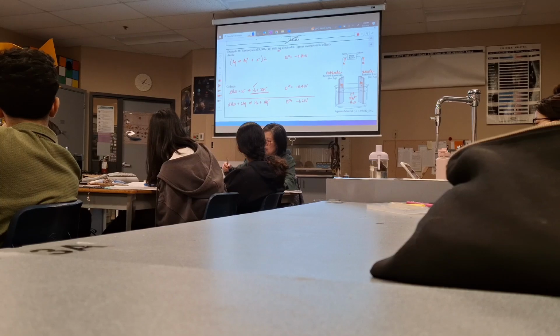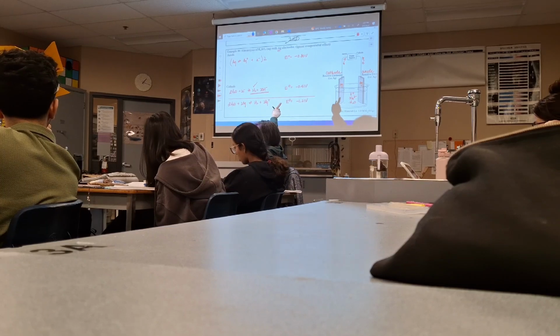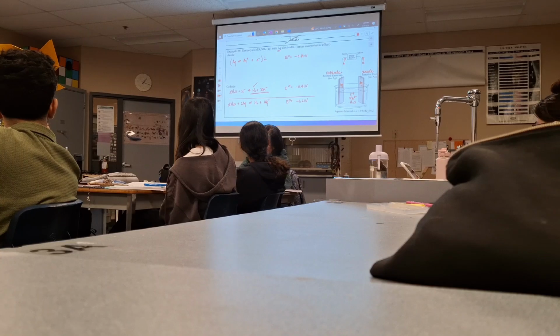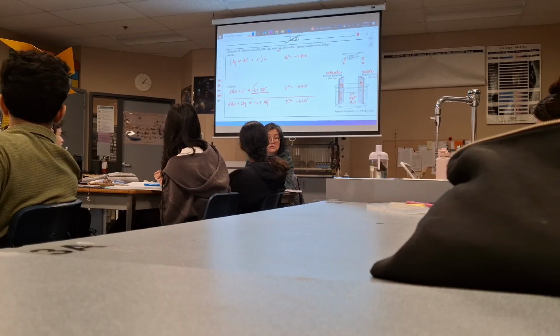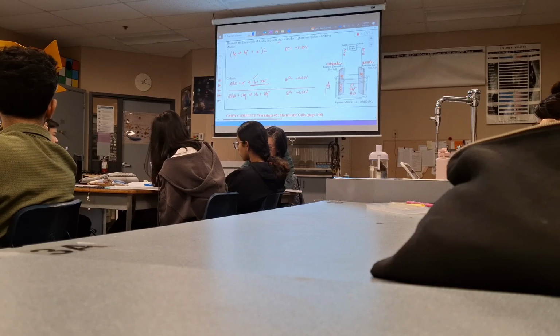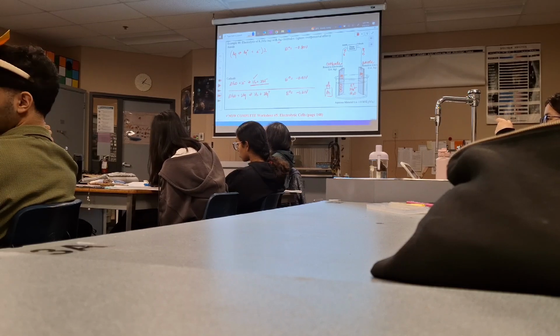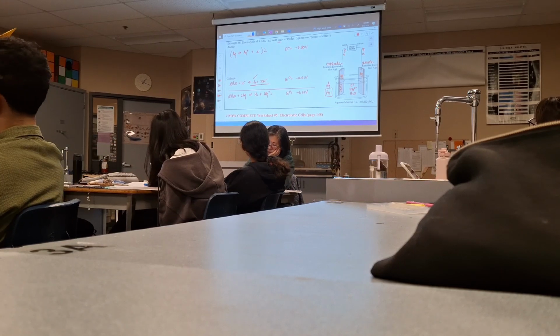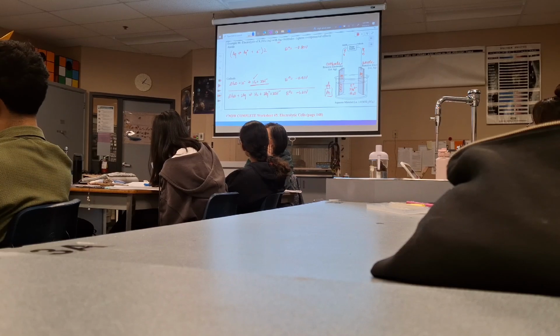If that's the case, what should I see forming here? Hydrogen gas. So I will see bubbles. If I put in phenolphthalein over here, what should I see forming around this electrode? Ashley. Thank you.